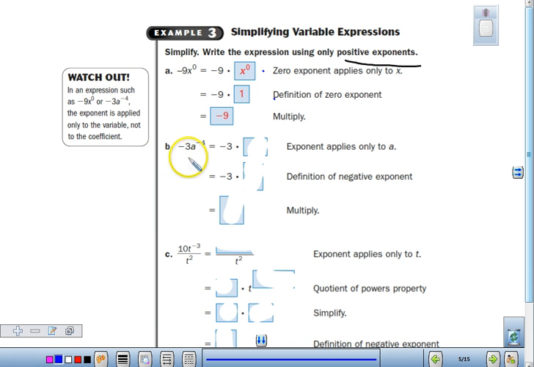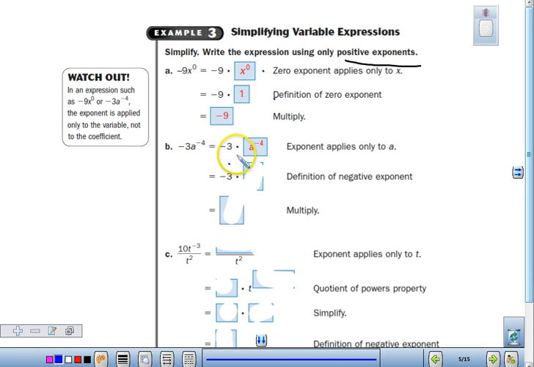Put down example B. Now the key thing it says is an expression such as negative 9x to the 0 or negative 3a to the negative 4: the exponent is applied only to the variable, not to the coefficient. So it's nice to separate these out because the 3 is not raised to the negative 4 power. You're going to rewrite this as negative 3 times a to the negative 4.